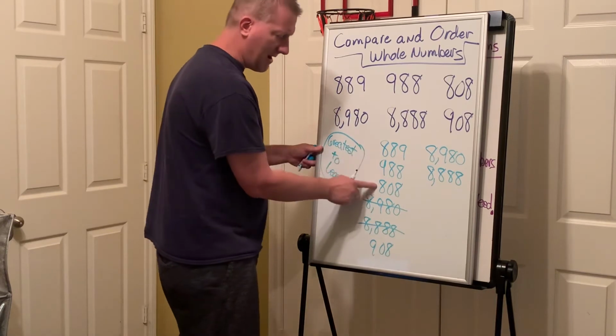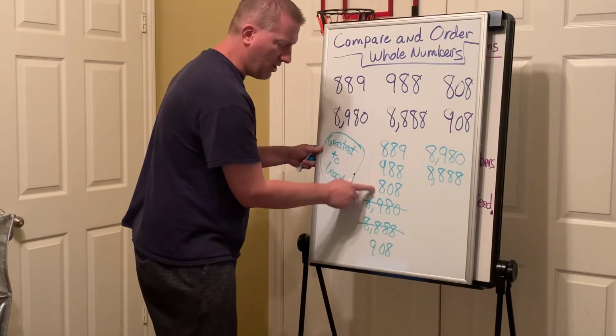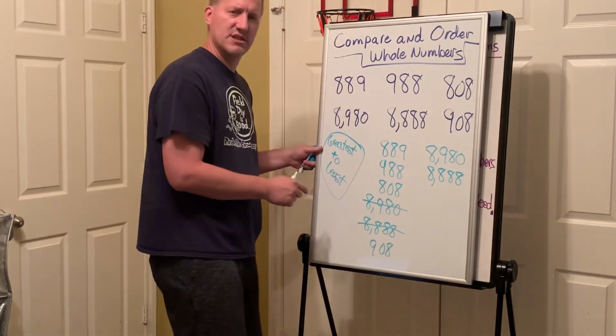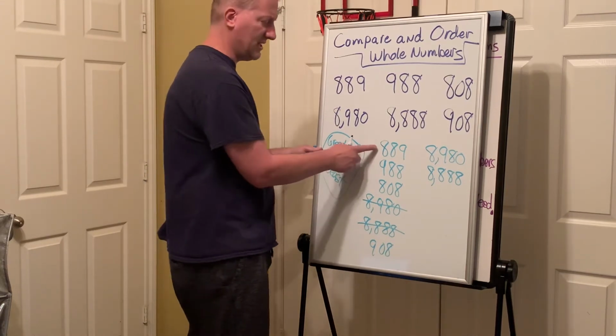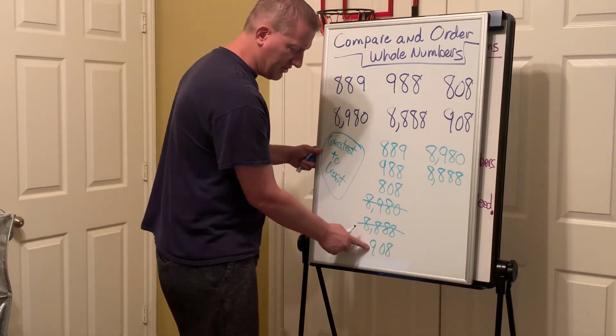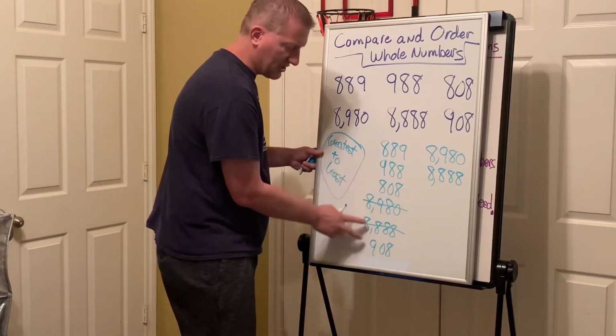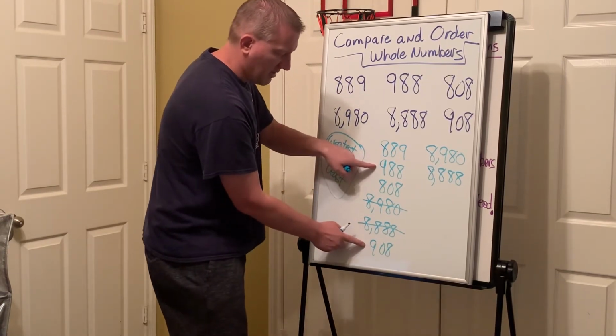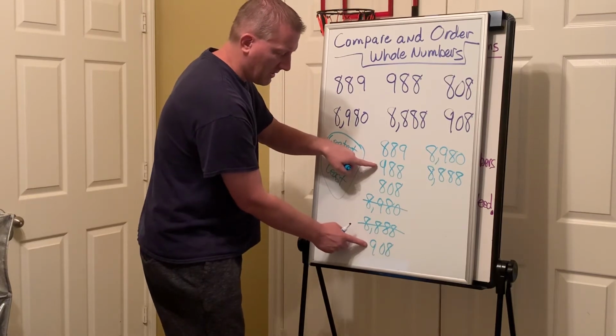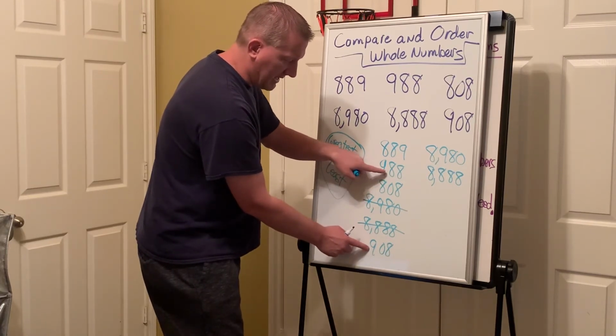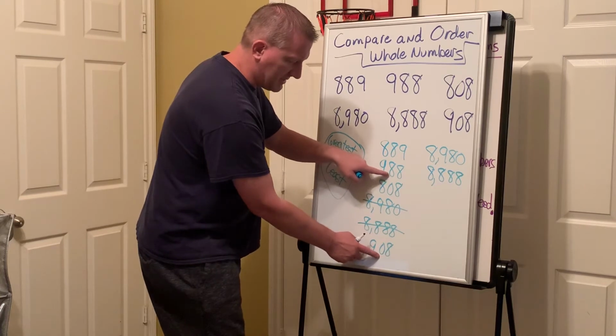Now we have 4 numbers that have hundreds as the greatest digit. So we look in the hundreds and we have a 9, a 9, an 8, and an 8. Well, the 9s are greater. So I'm going to look at these two. They're both a 9. So now I'm going to go to the tens place. This one's an 8.